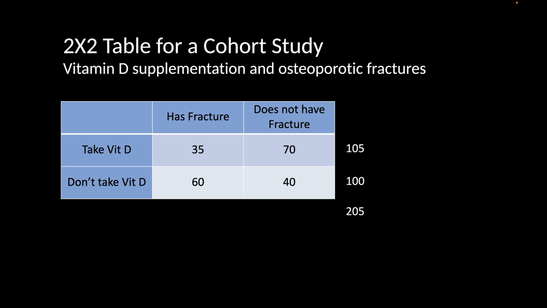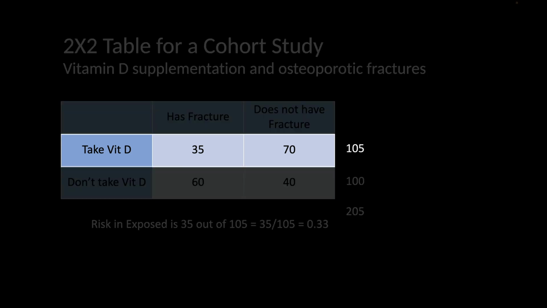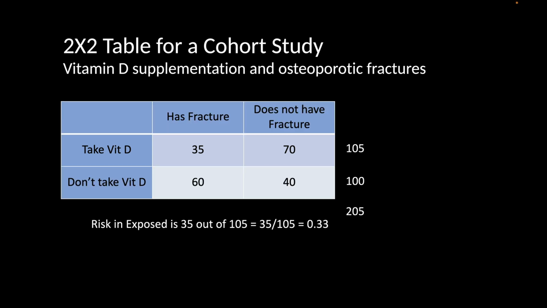And just to give you a little preview, if I want to measure the risk of having osteoporotic fracture in my exposed arm, well, that's the vitamin D arm, I find that I have 35 people who had the outcome out of the 105 people who could have had the outcome, who had the potential to develop a fracture.